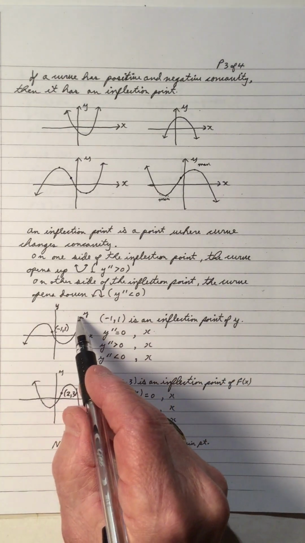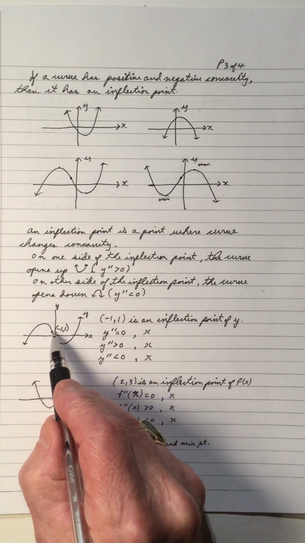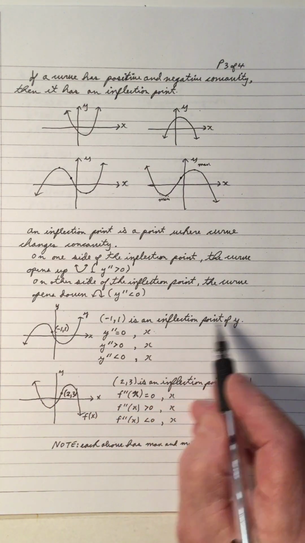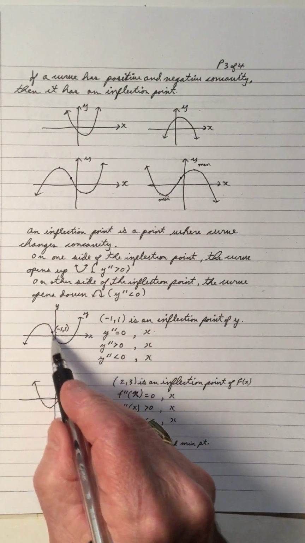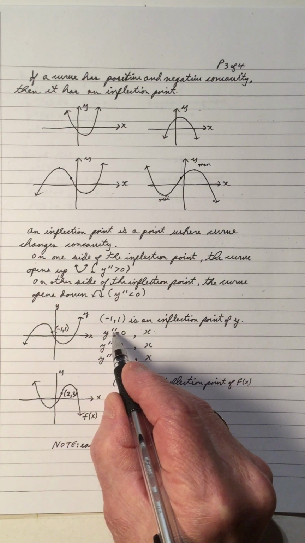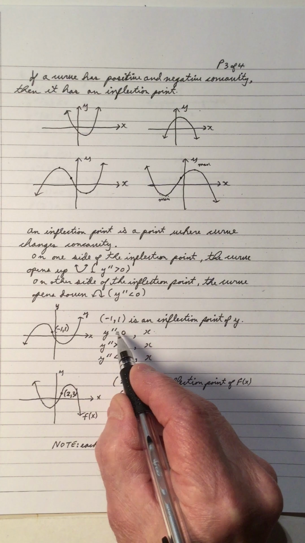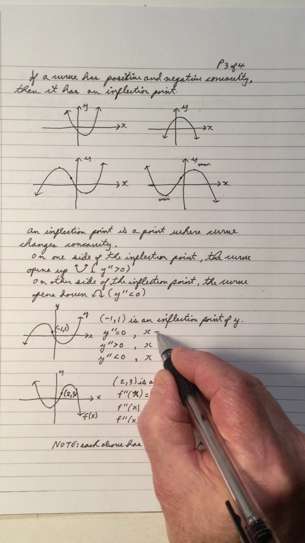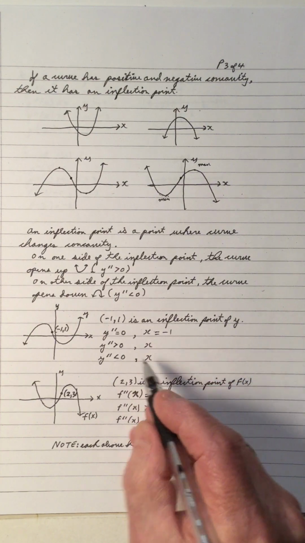So let's look at this cubic. Let's say that this point, negative 1, 1, is an inflection point of this function y. So f double prime is the second derivative. f double prime would equal 0 when x is equal to negative 1.